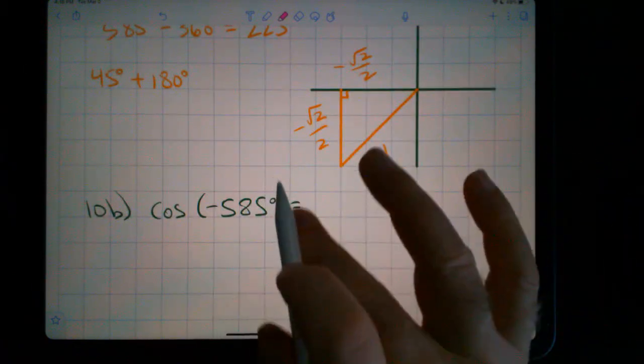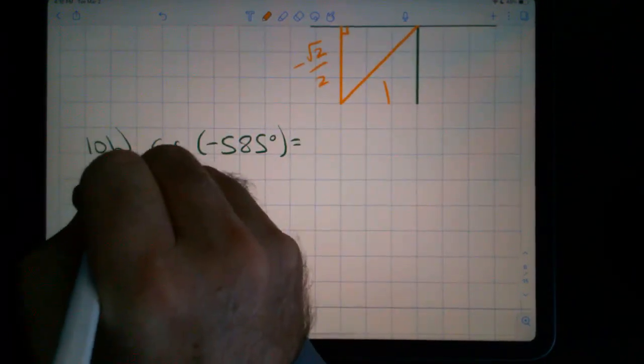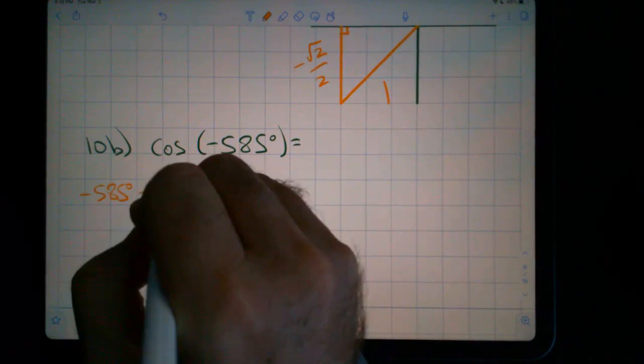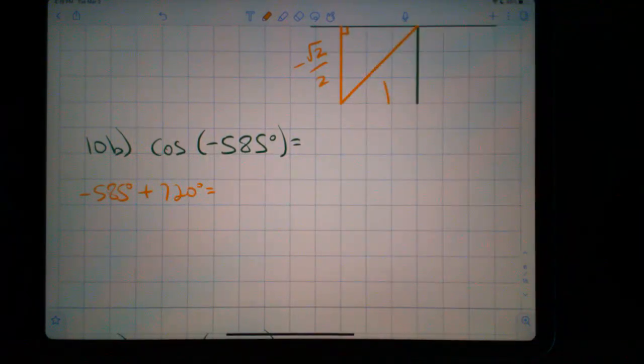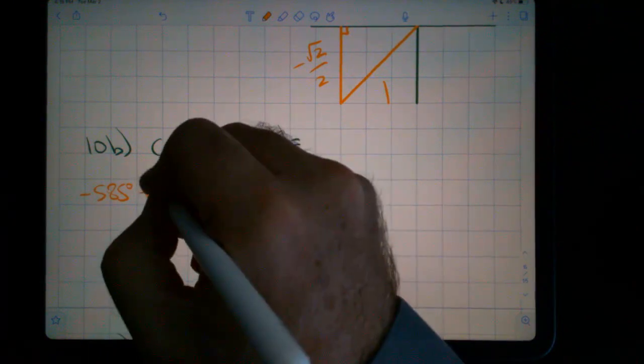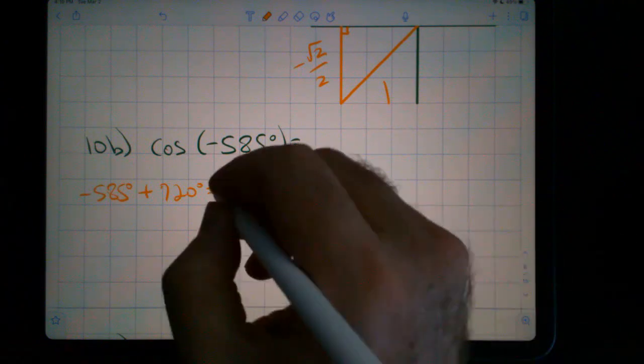Cosine of negative 585, okay. Should end us up in quadrant 2. Yeah, 135.